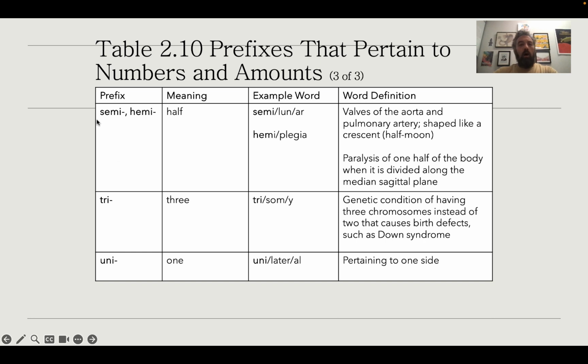Oftentimes it's pronounced semi, like semilunar, versus hemi, which is half. So both of them are half. It's an awkward thing to think about, semi versus hemi. Once again, Latin-Greek. And that is all that I have about prefixes.